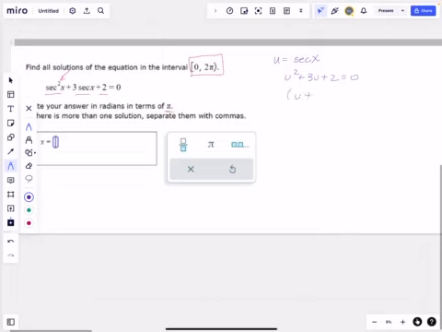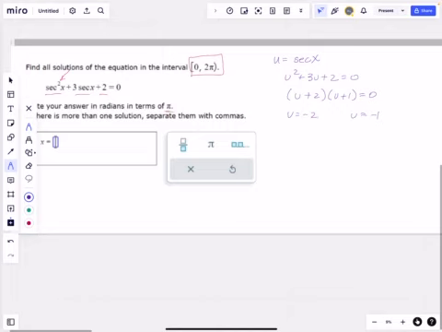So (u plus 2)(u plus 1) is equal to 0. Then we could say that u is equal to -2, and u is equal to -1, when I set each of those factors equal to 0.